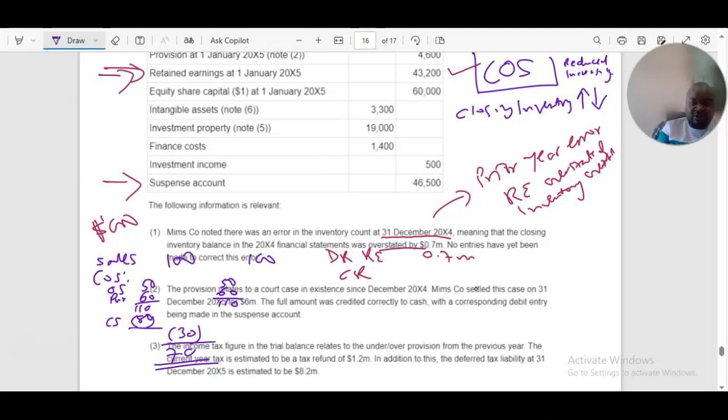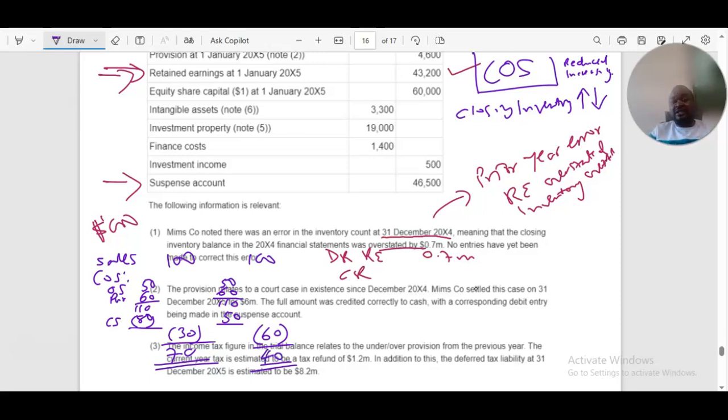If we reduce the closing stock to say 50, then our cost of sales will become 60, and the profit we get will be only 40.